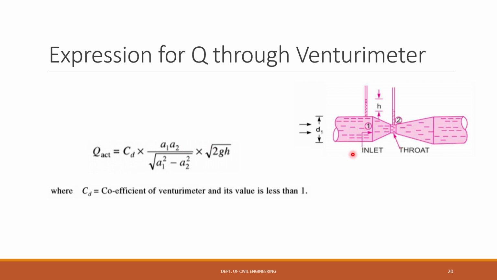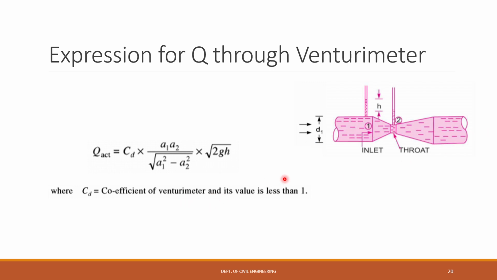So H is in terms of that flowing fluid. But in most of the cases, we'll be using a differential manometer and we'll be getting the reading of the manometer in terms of another fluid, which is the manometric fluid. So, in questions, the reading will be given in terms of another fluid. But in equation, we have to use the reading in terms of the liquid which is flowing through the pipe.